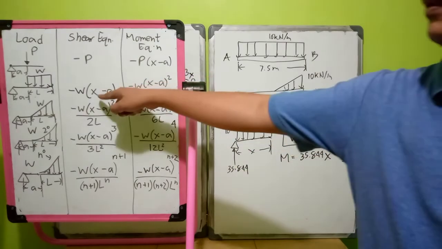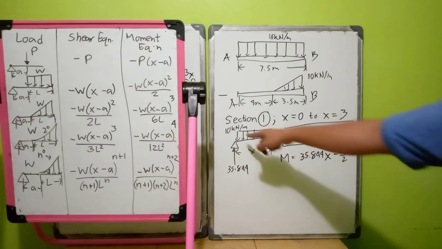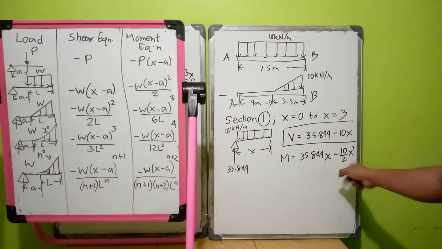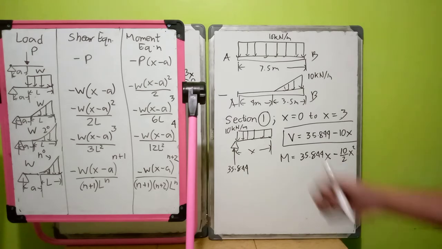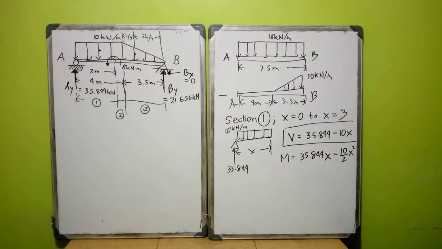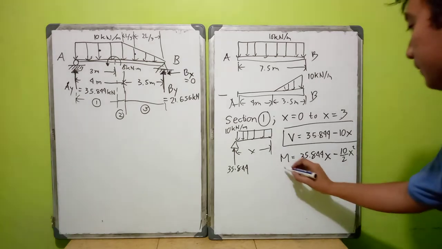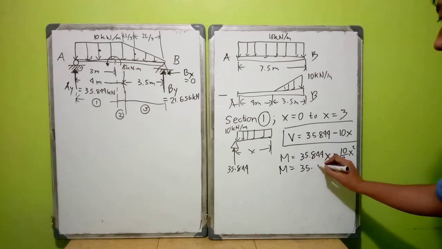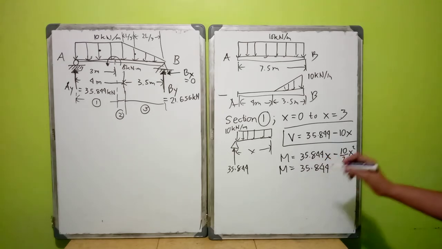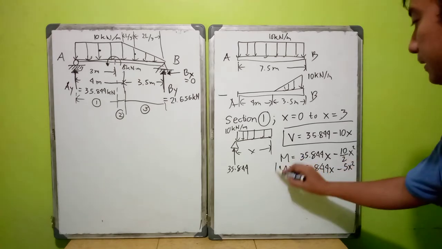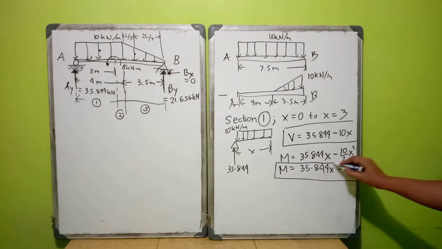So it will become negative wx. Here, the w is 10. So we do this. I hope you get the application of our first video. So we have M is equal to 35.844x minus 5x squared. So this is your moment equation for section 1.